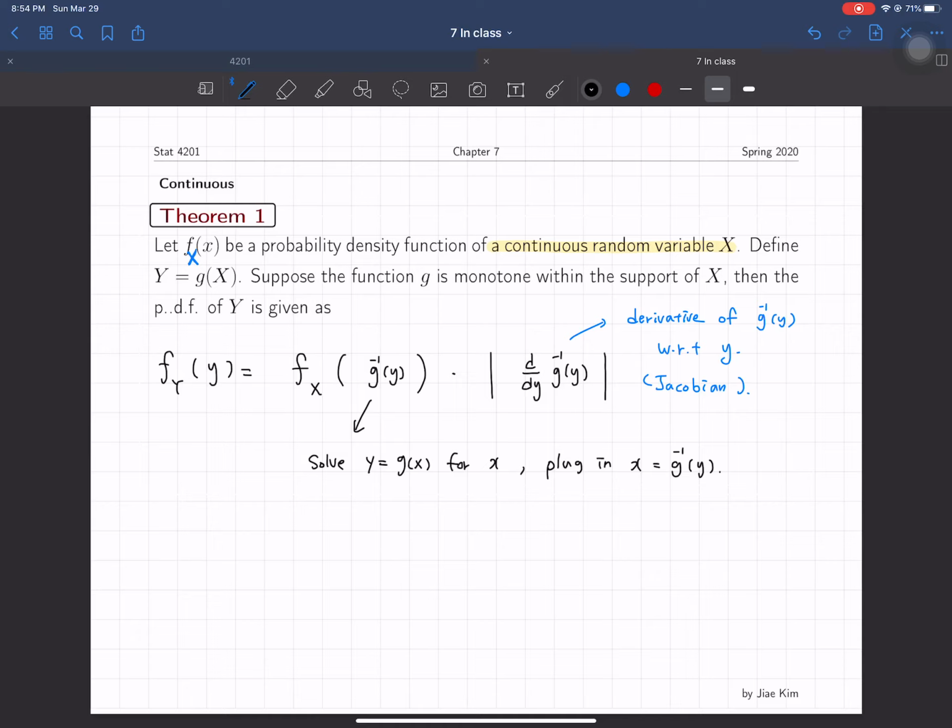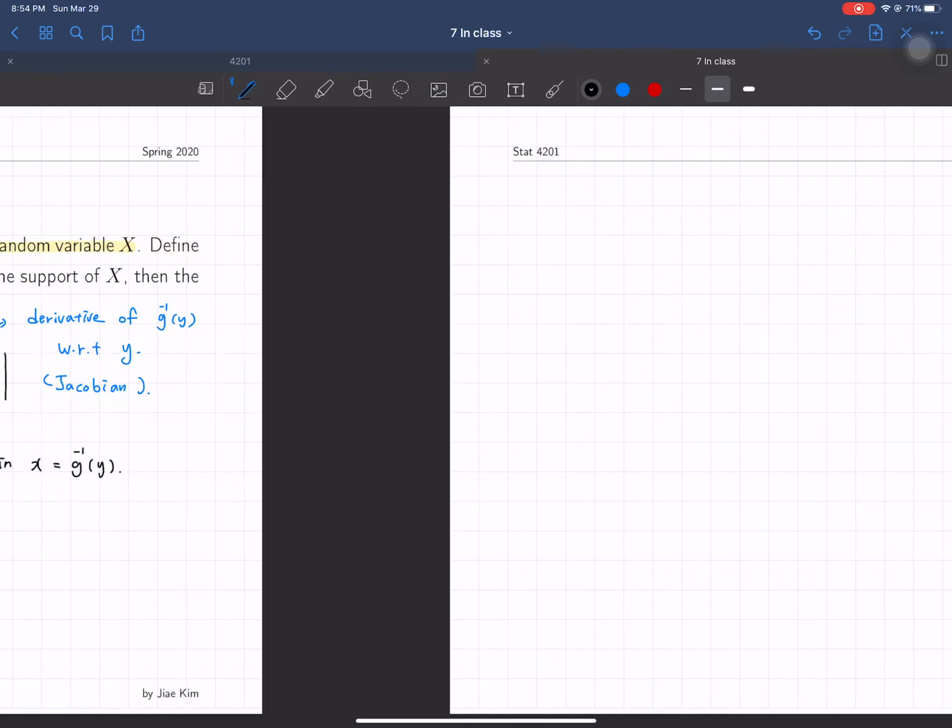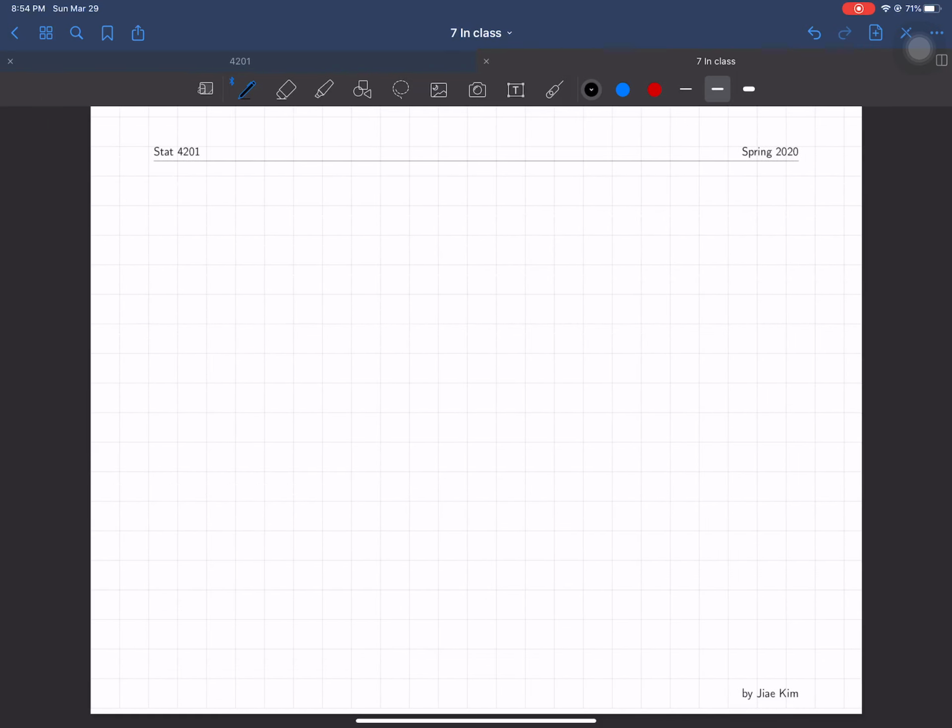Right. So let me give you a little bit of explanation where this theorem comes from. It's not a technical proof for this theorem, but it is enough to give you intuition on how the theorem is stated. Let's think about the case where y is just as simple as 2x. So this is monotone.